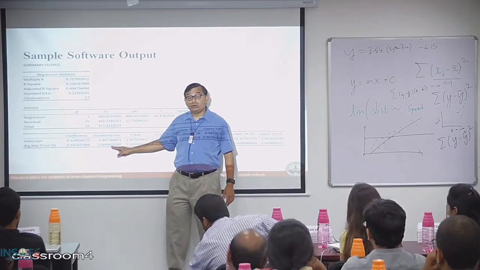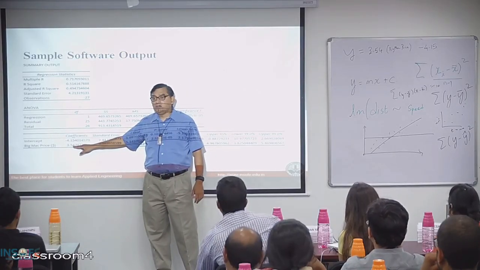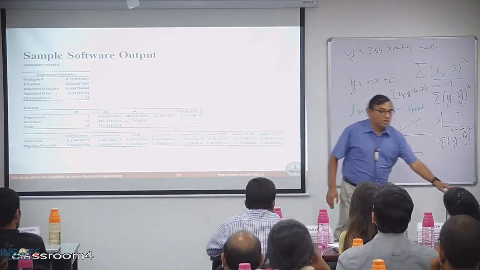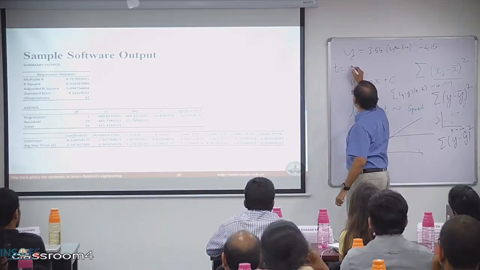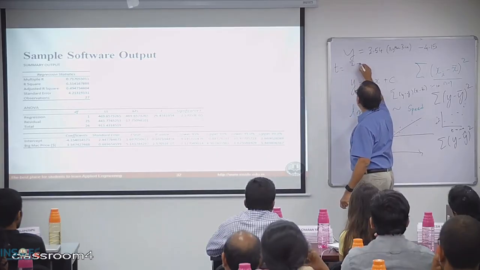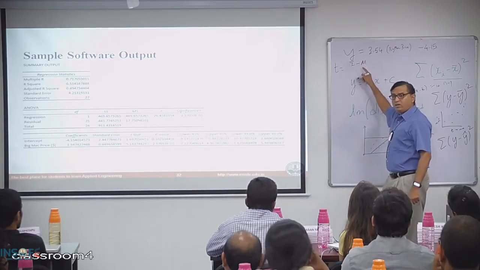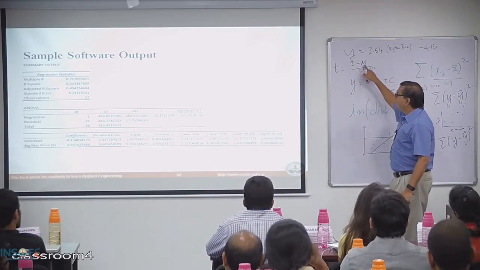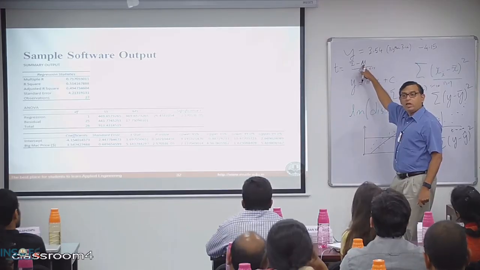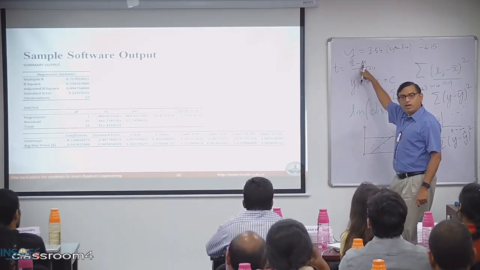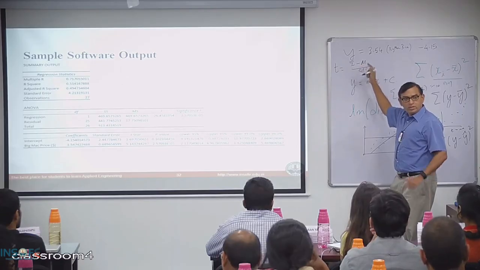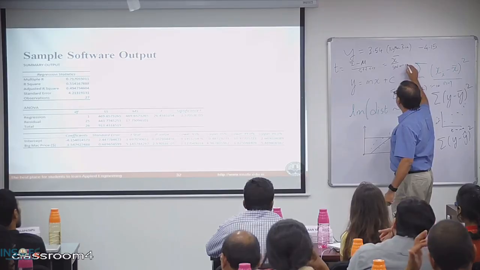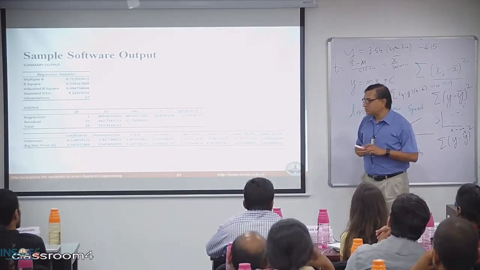Given the sample mean, how do you compute the t-statistic? The t-statistic is your sample mean minus the population mean divided by the standard error. What is the population mean here? The null hypothesis was 0. So this number divided by standard error, right? That should be my t-statistic.